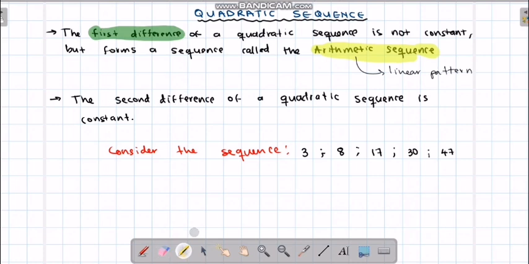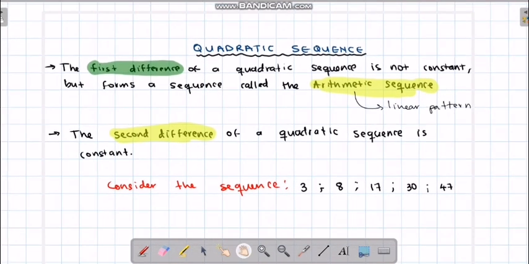Therefore we conclude that it's a quadratic pattern if the second difference is constant. I also said our quadratic sequence can be compared to any parabola. Remember, smiling or sad.